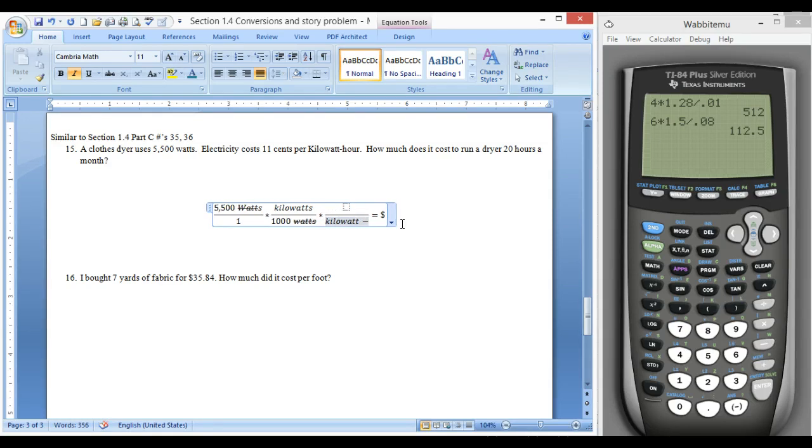But it has been joined with hour, and I can't get rid of that one. That shouldn't be a subtraction sign, it should be a little dash, but it's looking like a subtract. That's a dash, and it told me that it is 11 cents per kilowatt hour. So here, I'm close. I only get to cancel out the kilowatts, not the hours.